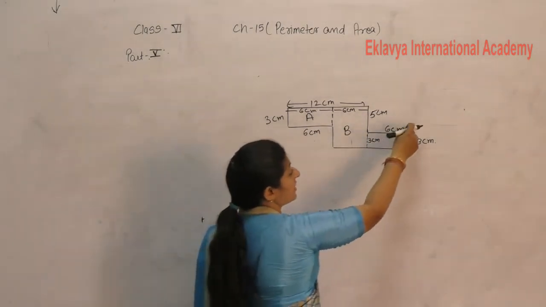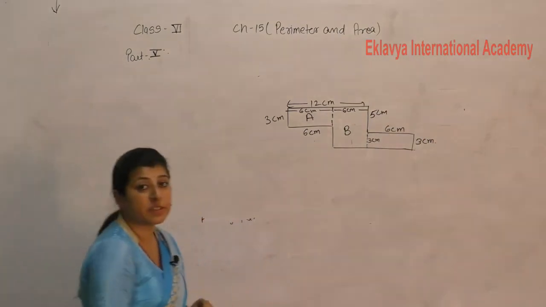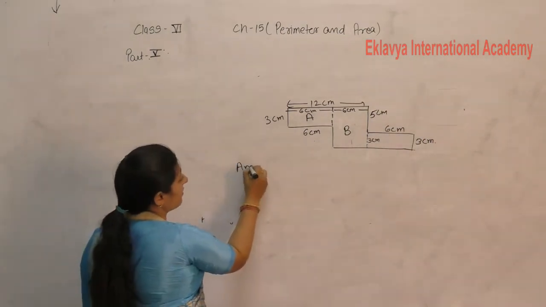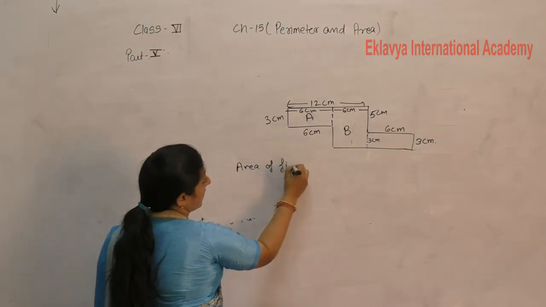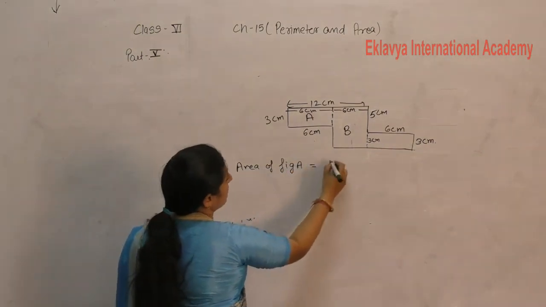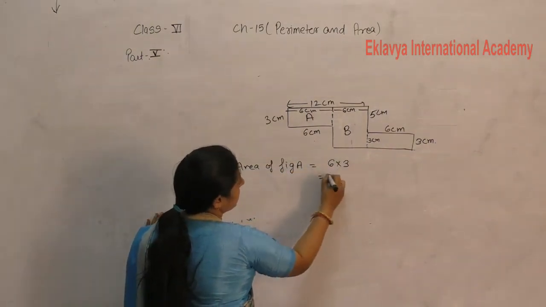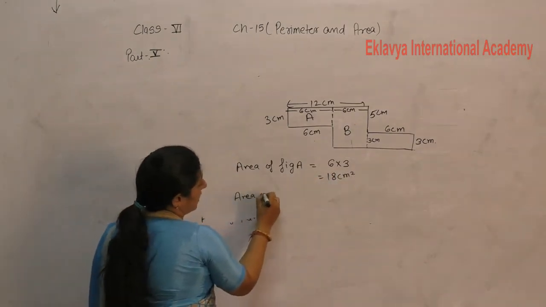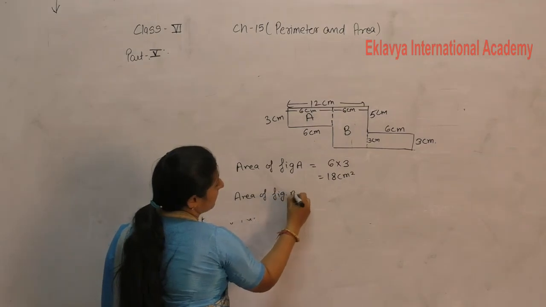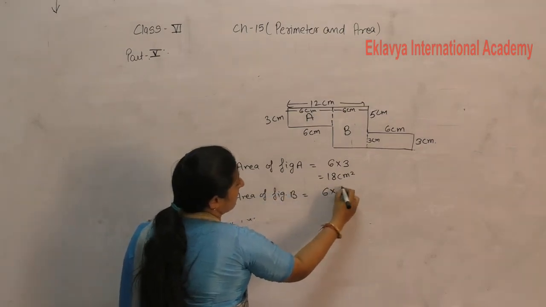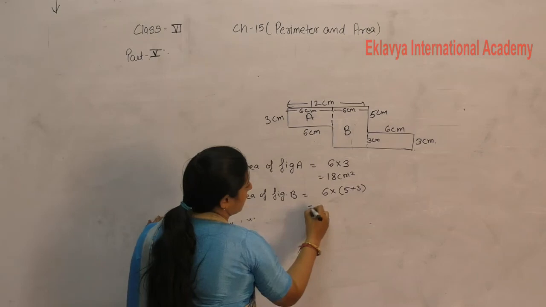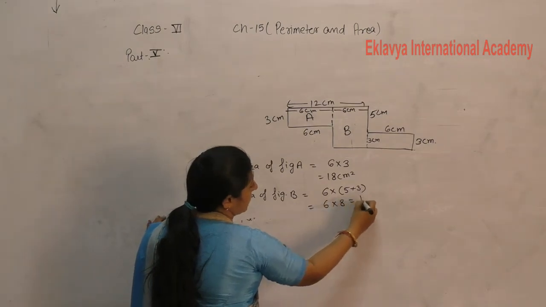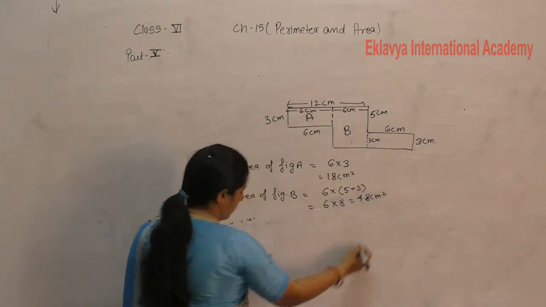Now in C there is already length and breadth given to you. So what is the area of figure A? Area of figure A is equal to 6 multiplied by 3, that is 18 centimeter square. Area of figure B, 6 multiplied by 5 plus 3, 6 multiplied by 8, that is equal to 48 centimeter square.